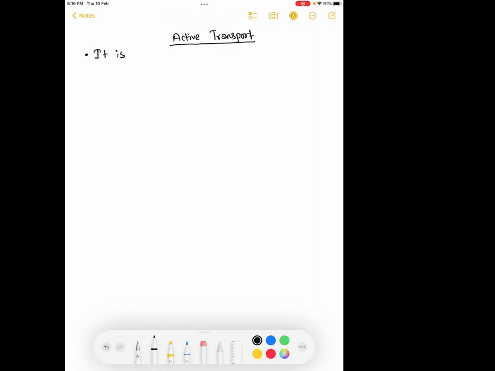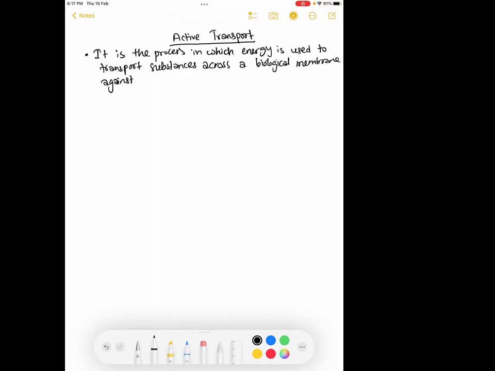It is the process in which energy is used to transport substances across a biological membrane against a concentration gradient.